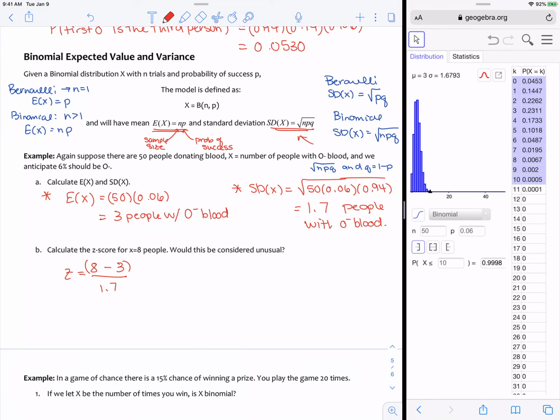Remember to do the calculation in the numerator first entirely, and then divide by the standard deviation. So that's 8 minus 3 equals 5, then divide by 1.7, and that is going to be 2.94 rounded to 2 places.